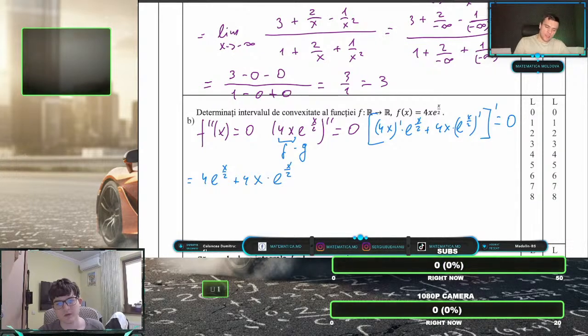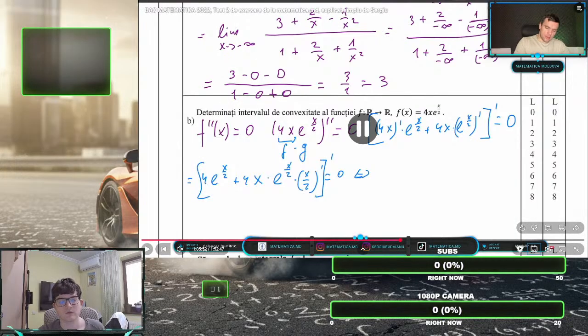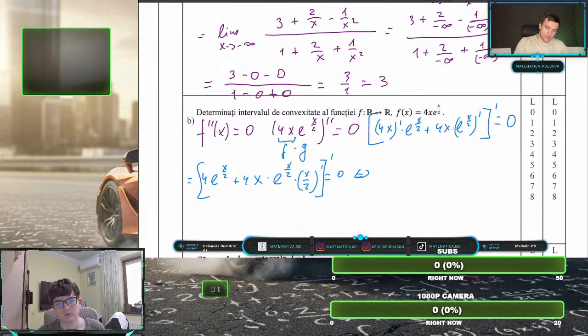I got this. It's gonna be that. It's 4x and like that and like this. Amazing. Gotta derive this again, and then again. That's derived.